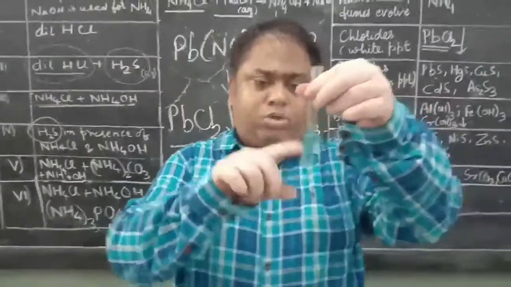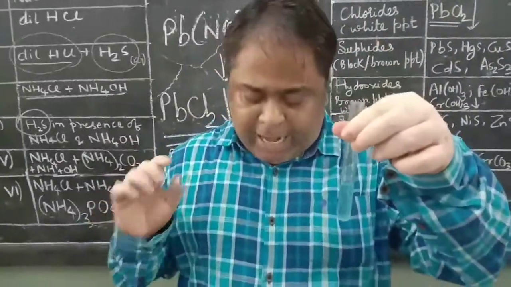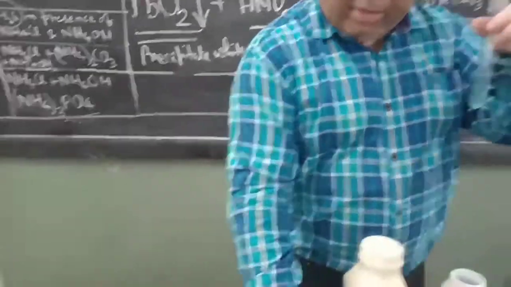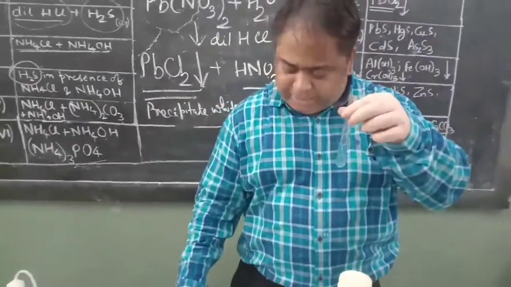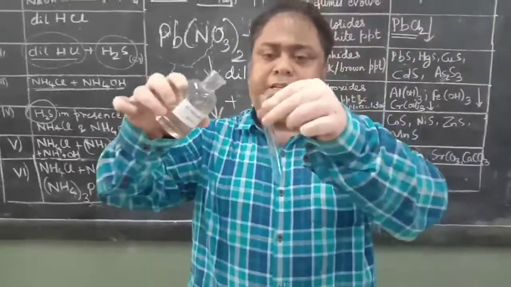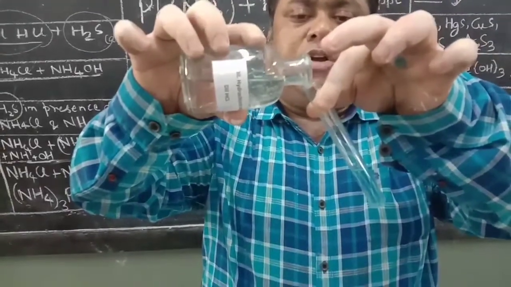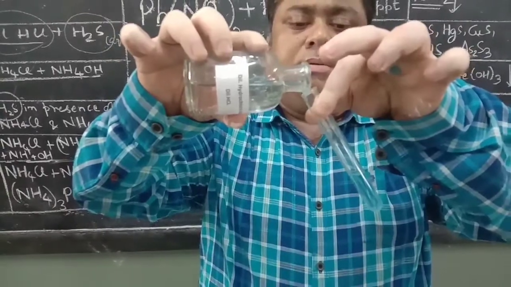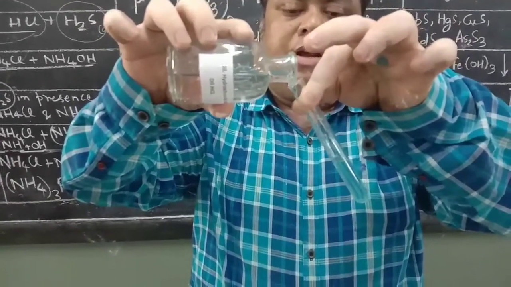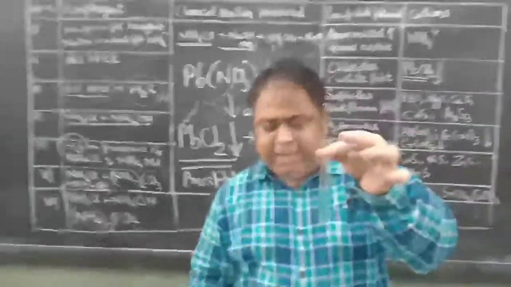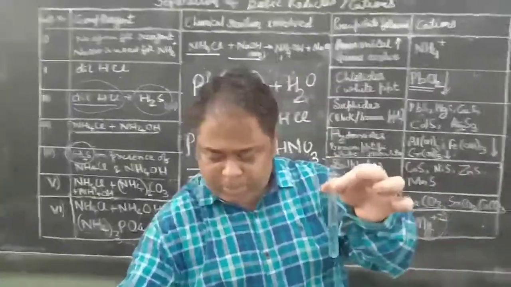Now I have got a true solution of copper sulfate in water, aqueous copper sulfate. Now, it is a custom to put the first group reagent. Whenever we do group testing, we will not directly do it by that particular group reagent. We will run the standard procedure. So I have put HCl and see, no white precipitate is formed.